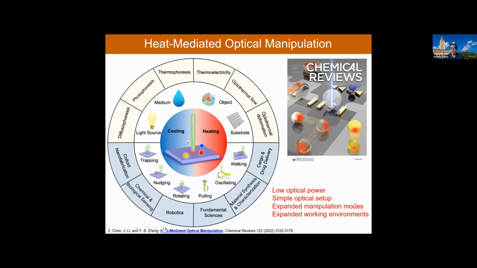We may also overcome the difficulty of setting up a very sophisticated setup, using a very simple system, maybe even a laser pointer, to achieve manipulation. Along with this low power and simple optics, we also demonstrate that by using heating effects, we are able to expand the current manipulation modes of optical tweezers, and make this manipulation go beyond the typical liquid environment into solid environments.